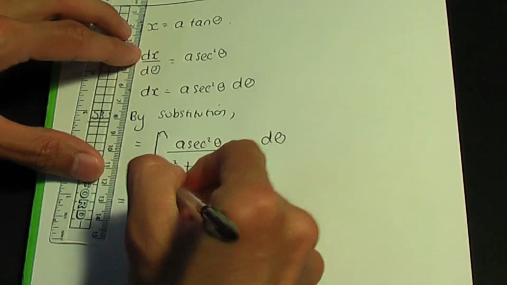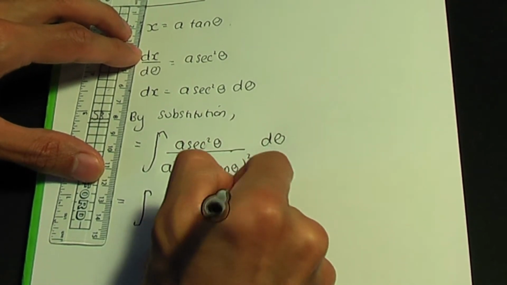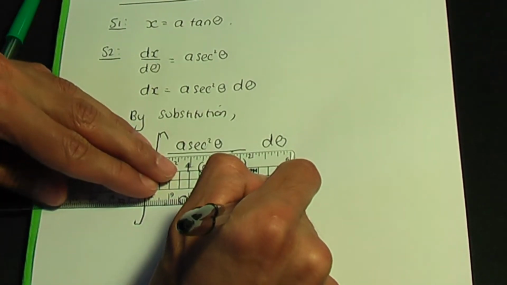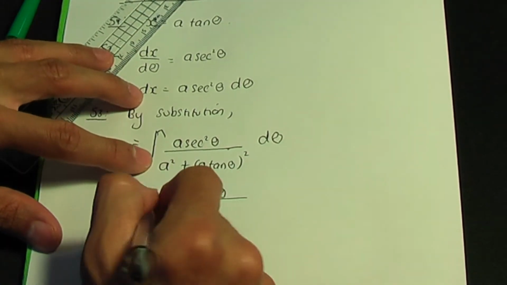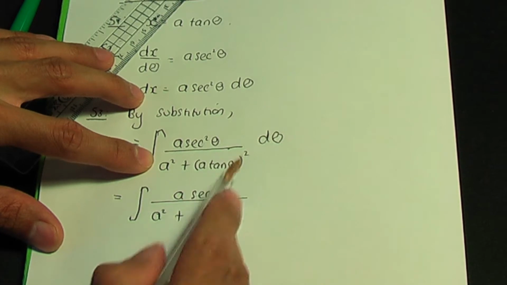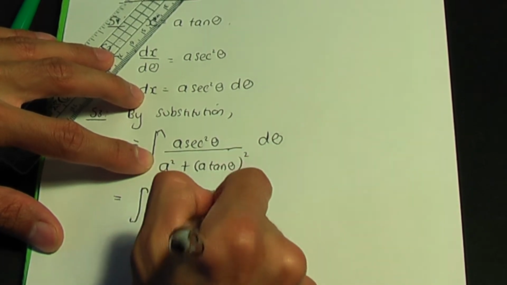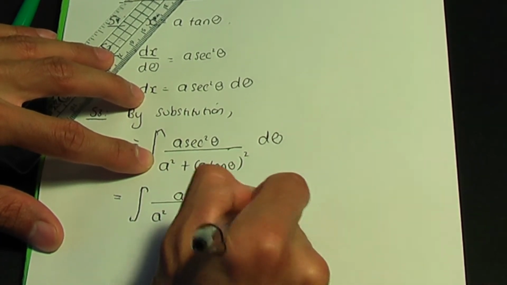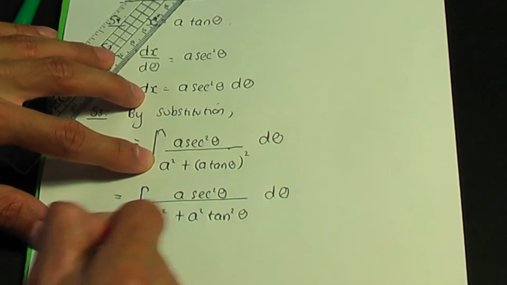So we have the integration of a sec squared theta on top divided by a squared plus a tan theta with a squared is a squared tan squared theta.